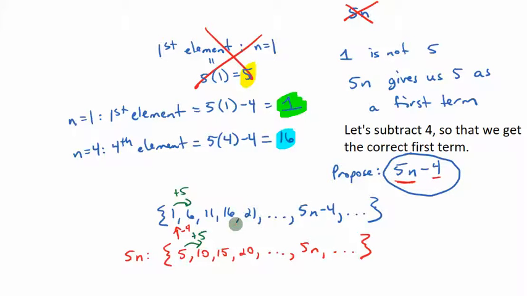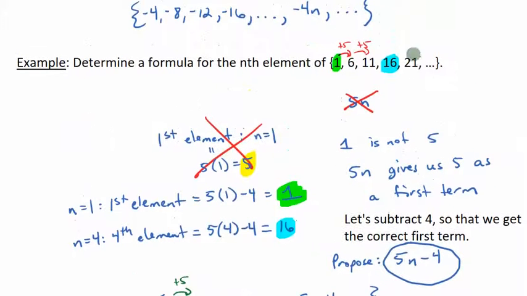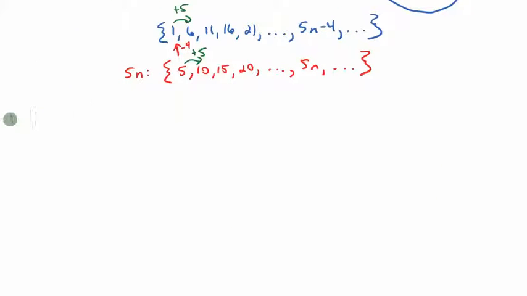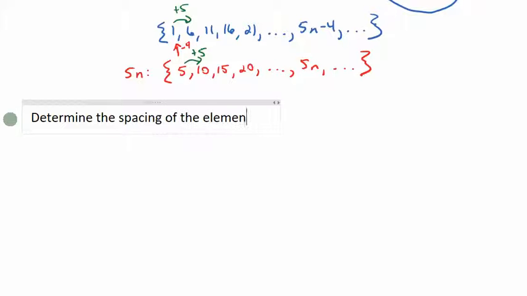Alright, so the key is observe the spacing of your elements. That's going to give you this generic formula, and then you adjust by adding or subtracting to make sure you get the correct first term. So I'll state that down here. Determine the spacing of the elements.